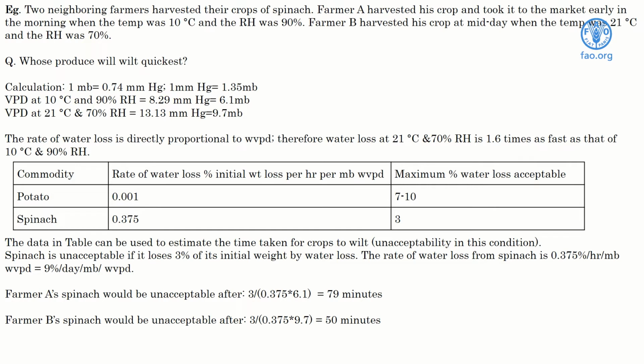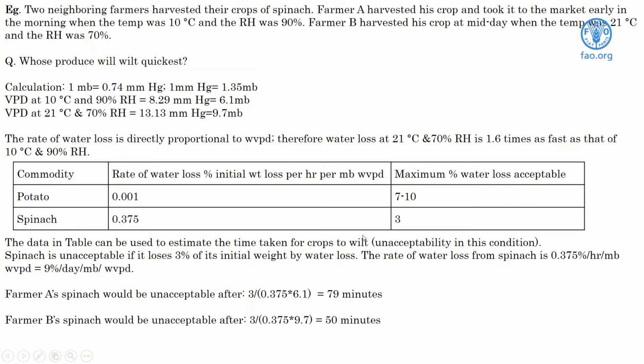The rate of water loss from spinach is 0.375% per hour per millibar of water vapor pressure deficit, which is equal to 9% per day. This is just multiplying by 24 hours. So farmer A's spinach would be acceptable after 79 minutes.